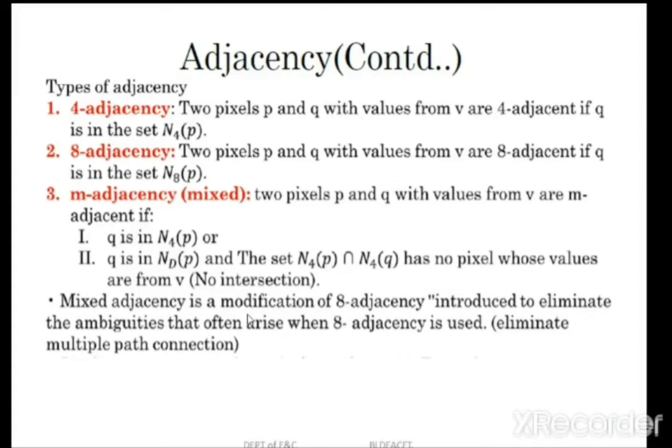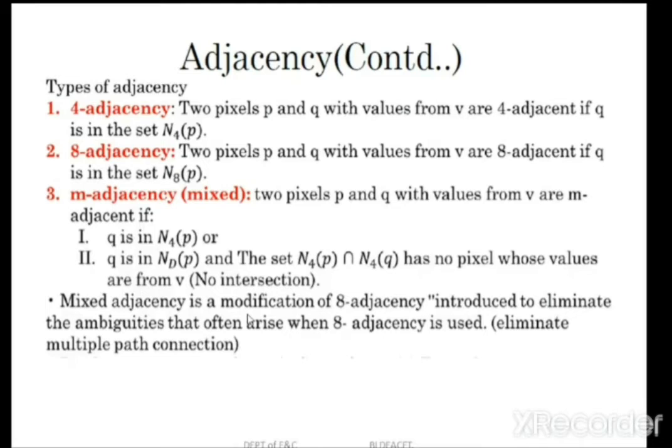I can say that the 2 pixels P and Q are M adjacent if Q is in N4 of P. If Q is in N4 of P, then we can say that it is M adjacent. Or if this condition is not satisfied, then the second condition must be satisfied.